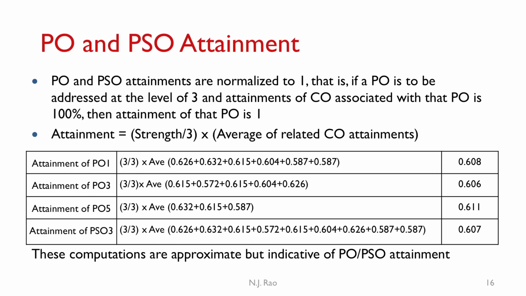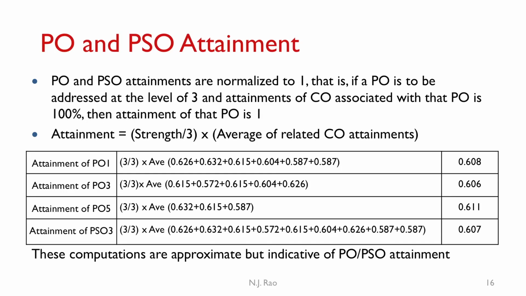I take an average of that, average of 0.626 plus 0.632 and so on. I multiply by the strength divided by the maximum strength, because the maximum strength is 3 and the actual strength is 3. So I multiply by 3 by 3, and that is the number I get. So attainment of PO1 according to this is 0.608.